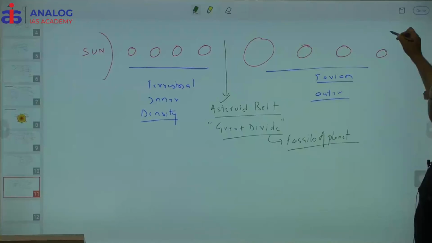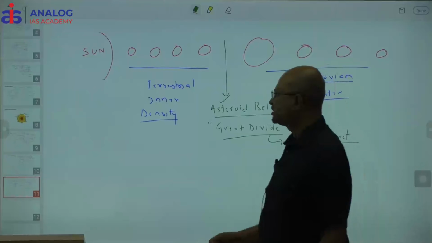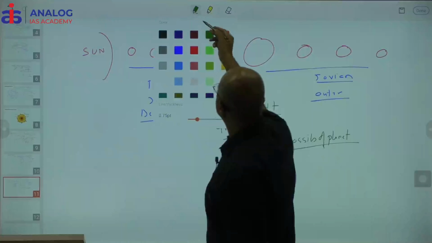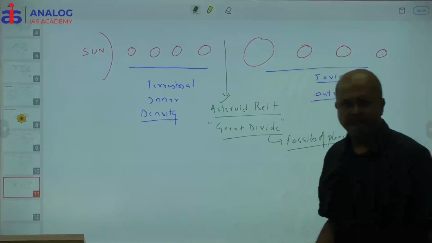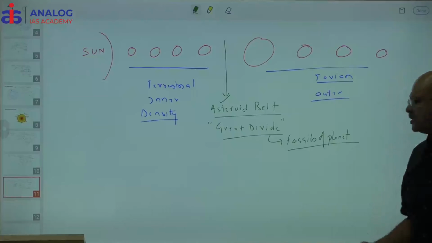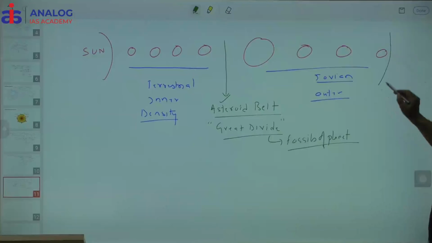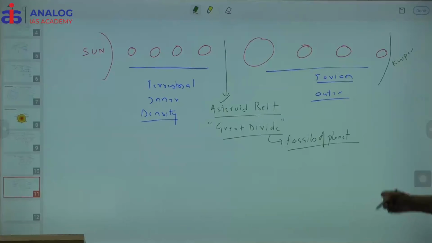Now, what is the region which is beyond the last planet, Neptune? Here you are having the Kuiper belt, and which is the largest object of the Kuiper belt? The dwarf planet called Pluto.